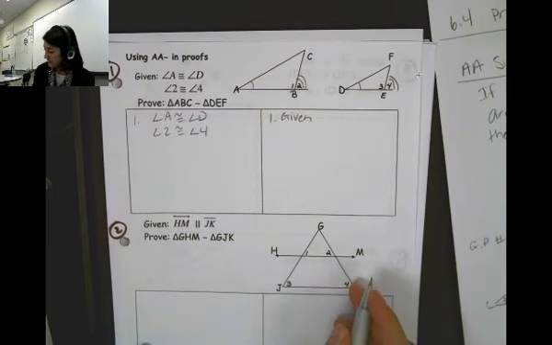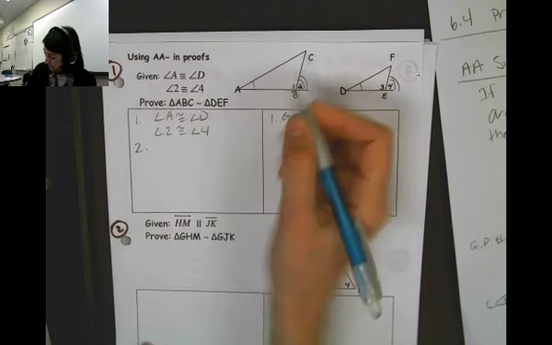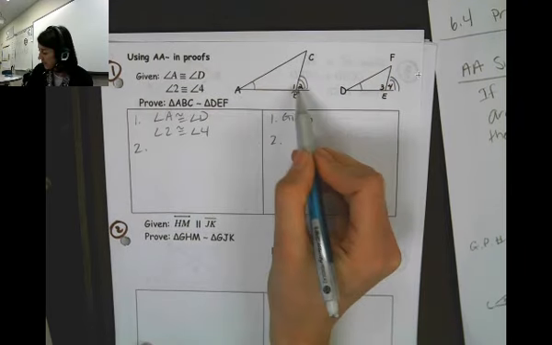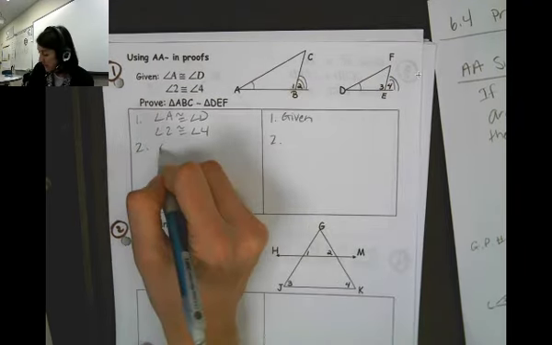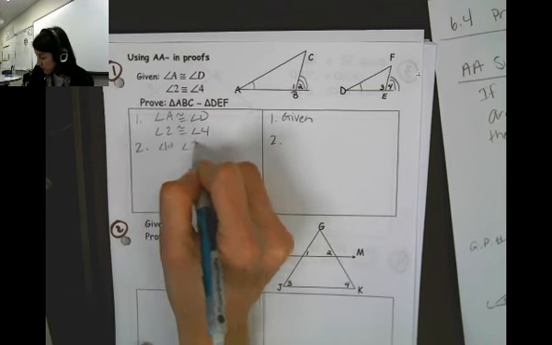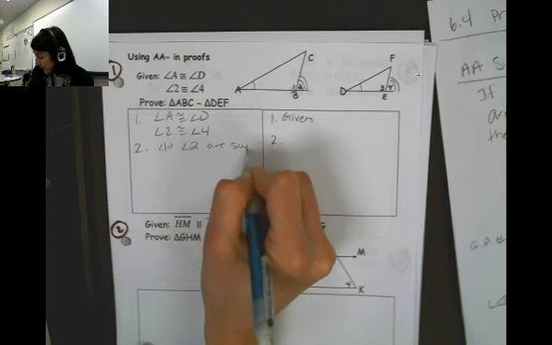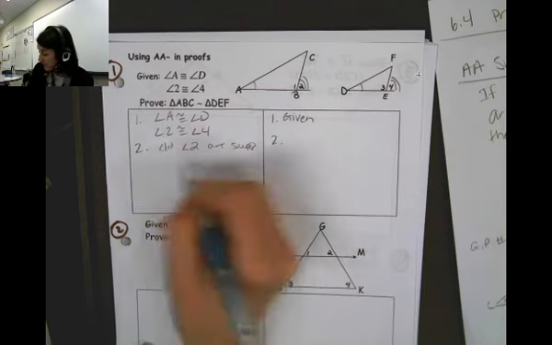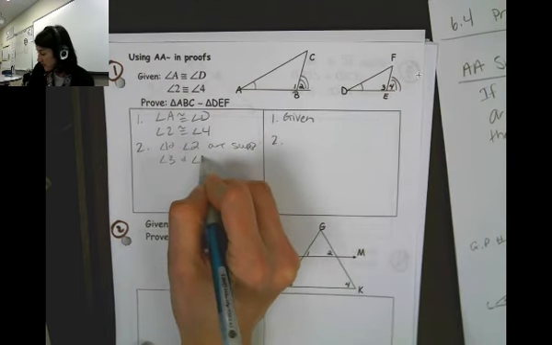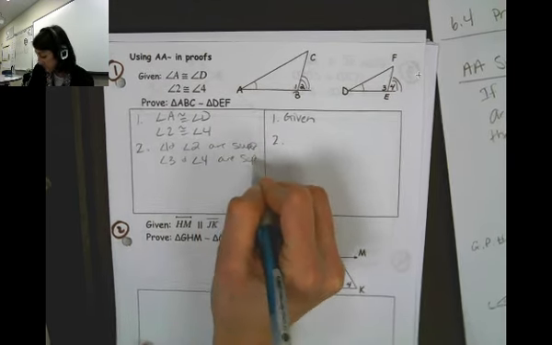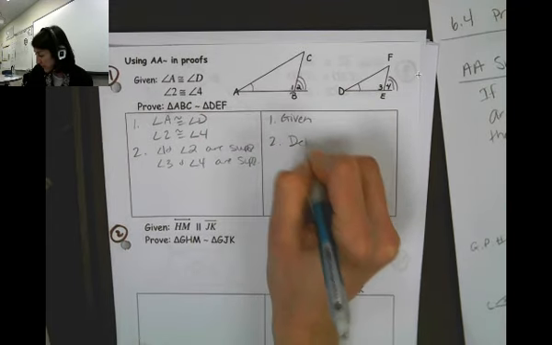Okay, and then we can state that angle 1 and angle 2 are supplementary, and angle 3 and angle 4 are supplementary. And let's just put definition of supplementary here.